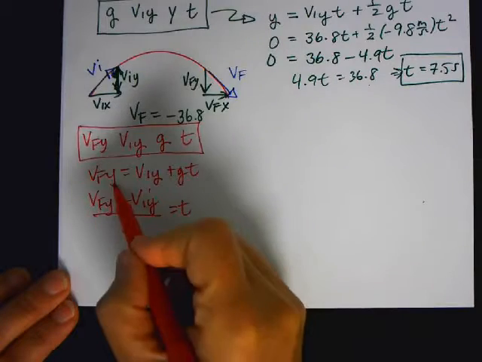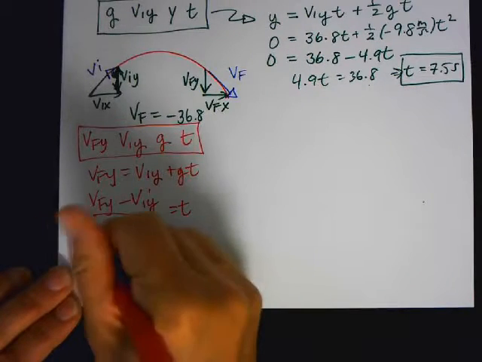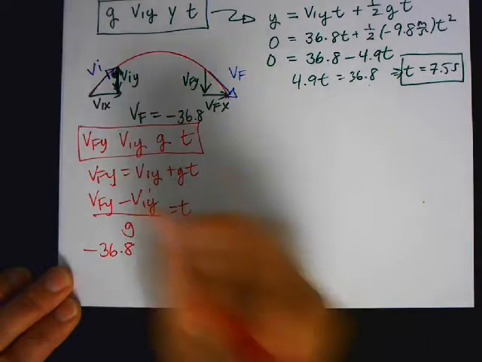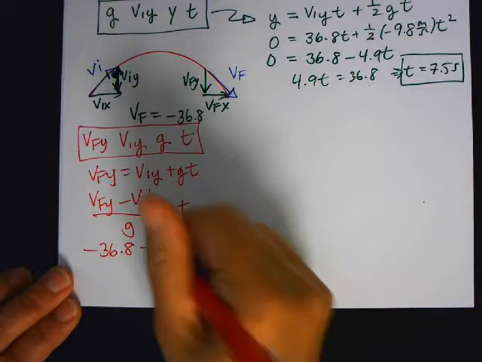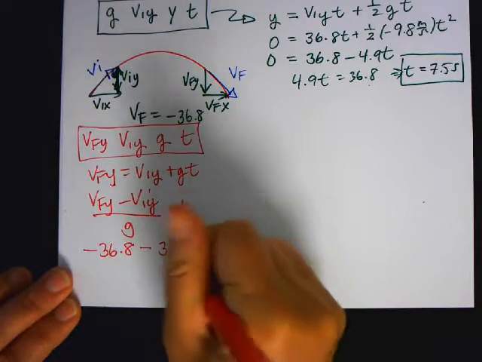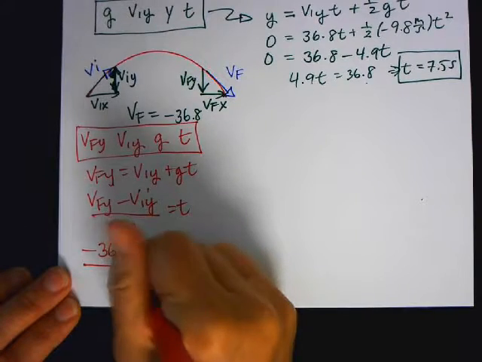So VFY is negative 36.8 minus VIY, which is 36.8, divided by negative 9.8.